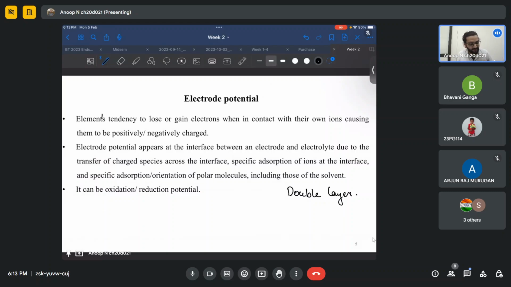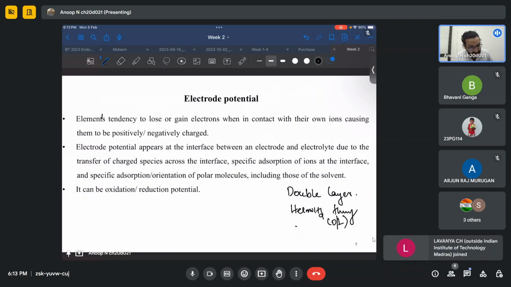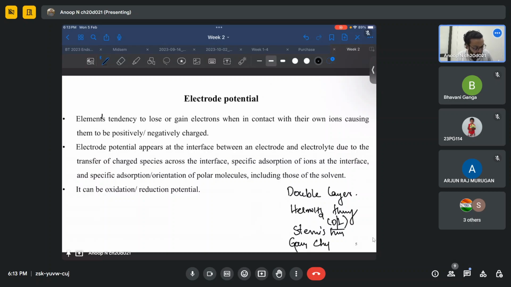For the double layer, there are different theories. One is the Helmholtz double layer theory. Then we have Stern's theory. Then we have the Gouy-Chapman theory.